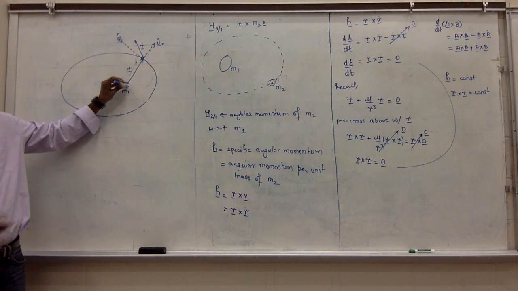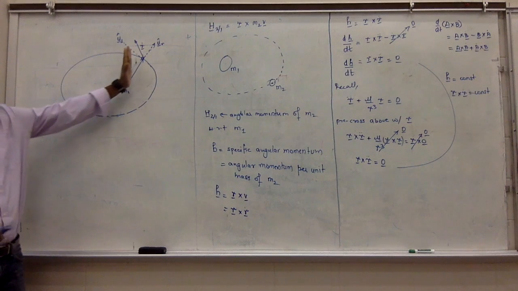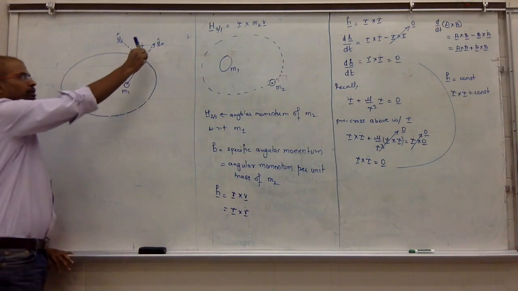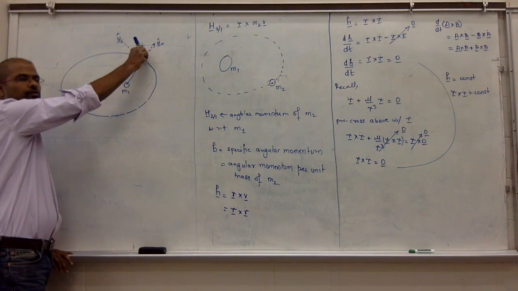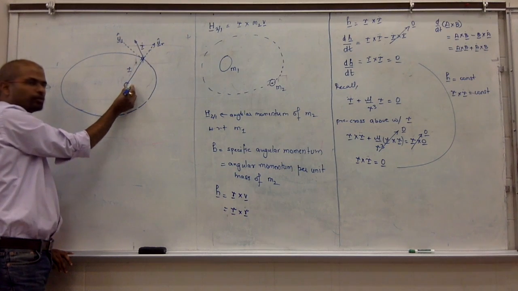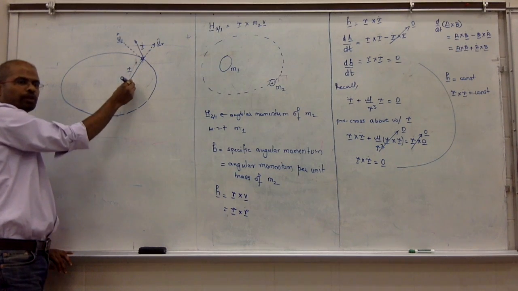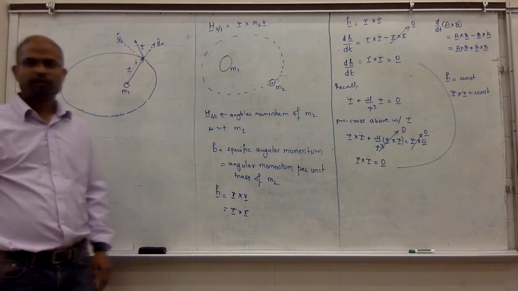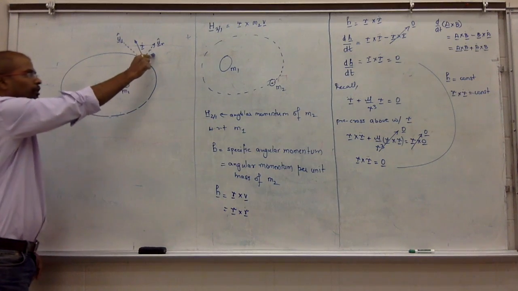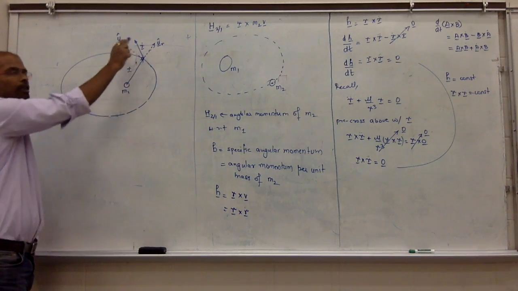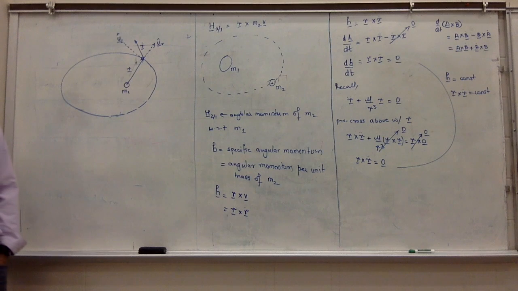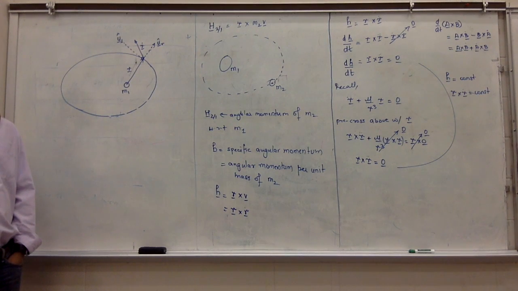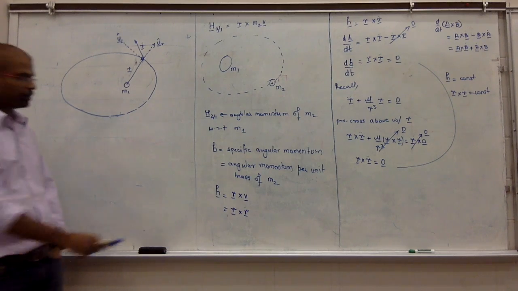So if this R was like this, then what would have happened? It wouldn't be perpendicular. You get it? If R or V dot come out of the plane... R dot and V are the same thing here.